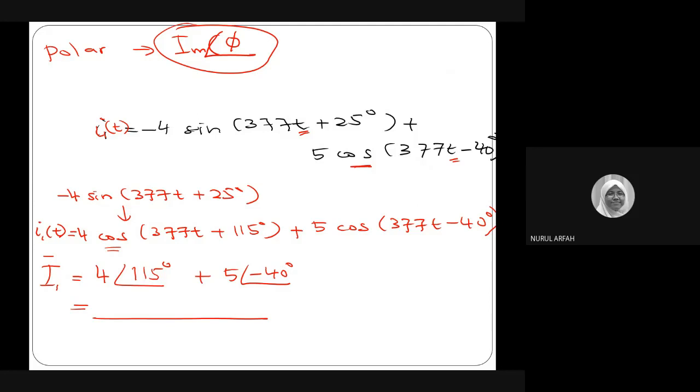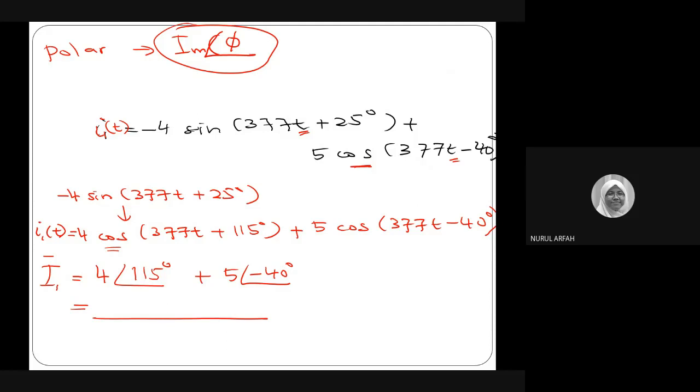This plus this: 4 with phase angle 115 plus 5 with negative 40 degree angle. What do you get? How to do that? First you need to set the mode to complex, right? And then you enter 4, angle 115.